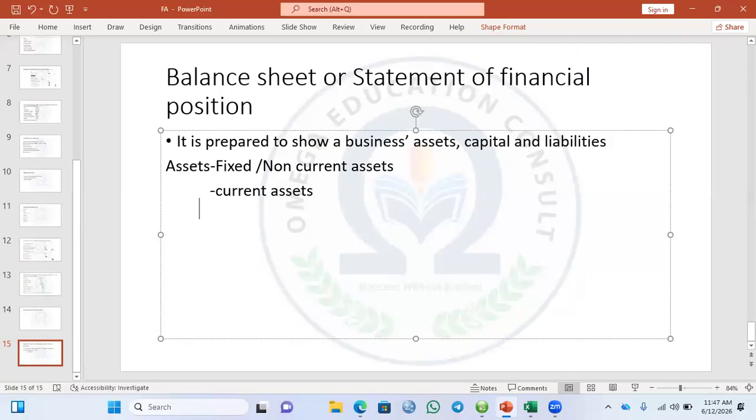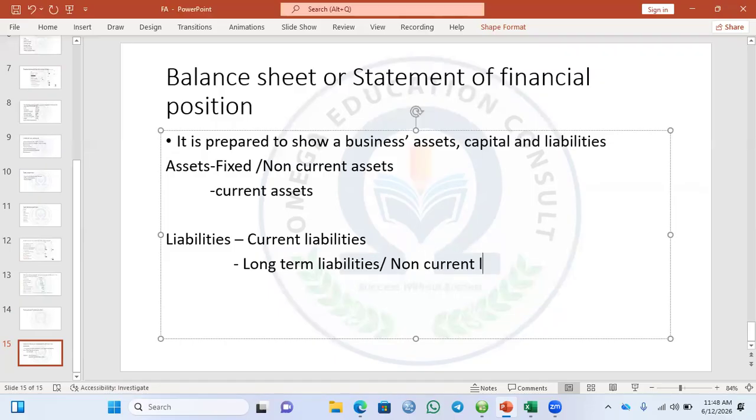Then the liabilities can also be grouped into current liabilities and long-term liabilities. Long-term liabilities can also be referred to as non-current liabilities.